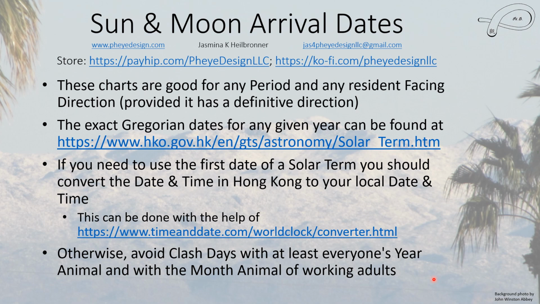Otherwise, avoid clash days, at least with everybody's year animal and with the month animal of the working adults when you're choosing a time. If you're not going to do something on the first day, you don't have to worry about all this. It's only on that first day, because that first day doesn't start at midnight. It can start at any point during that day, because it's truly physical. Where is the Earth in its orbit around the sun?